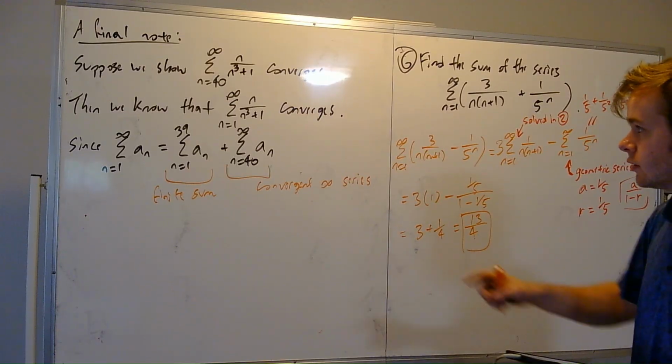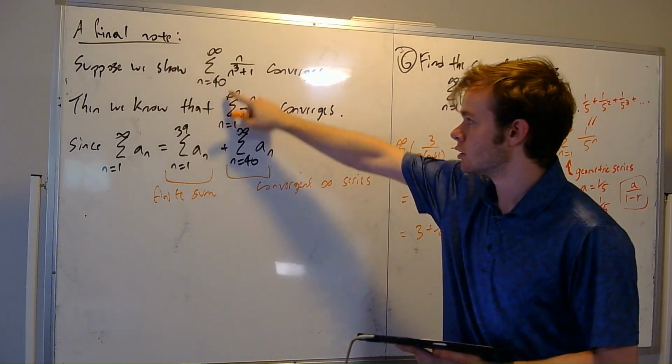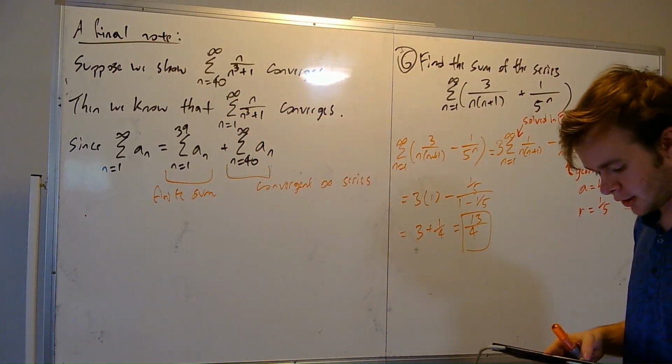So we can just say, whenever we have something like this, we can just change the bottom limit to be n equals 1.